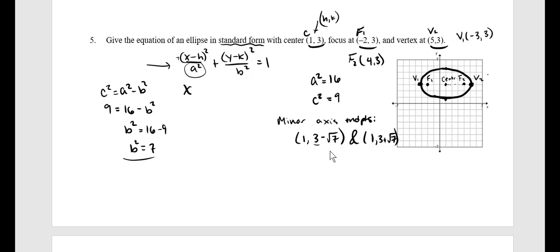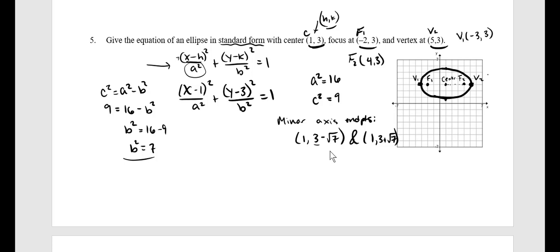So let's see here. If I plug in h and k as 1 and 3, then I have (x - 1) squared over a squared plus (y - 3) squared over b squared equals 1.